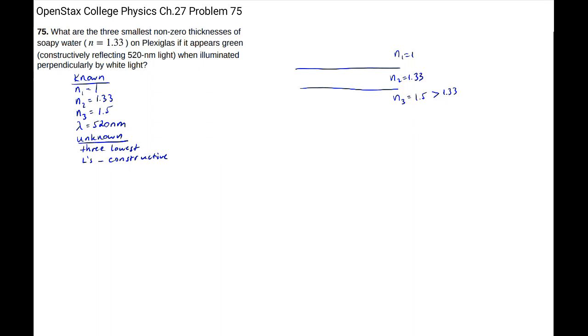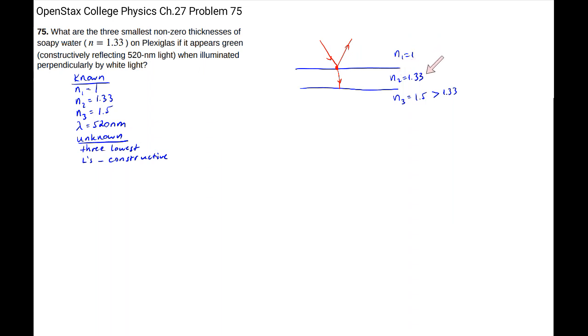So if we have light striking the top of the thin film, that light will reflect and it will refract. So we know that due to reflection, there could be a phase shift or a path length difference. We get a phase shift if we're going from an index of refraction that's lower in value to the index of refraction it bounces off of.